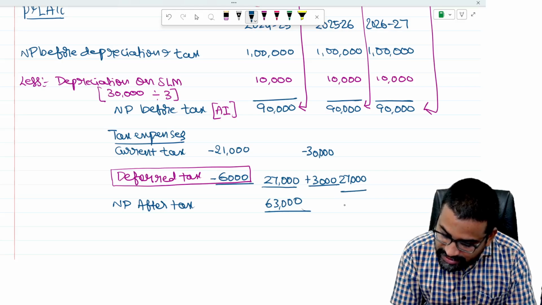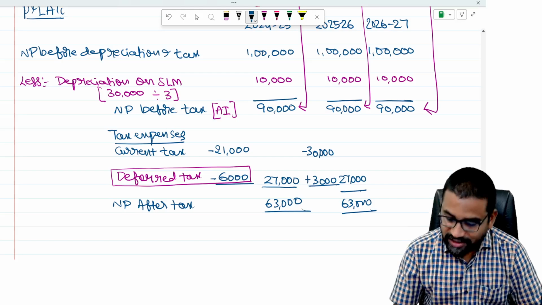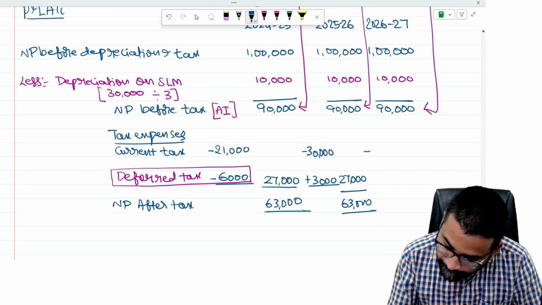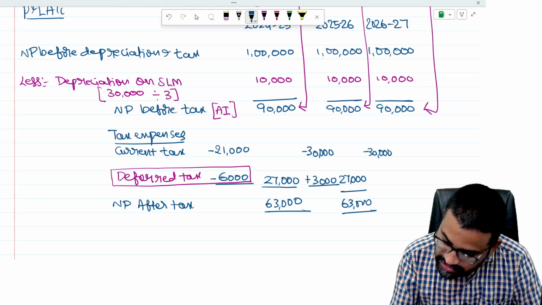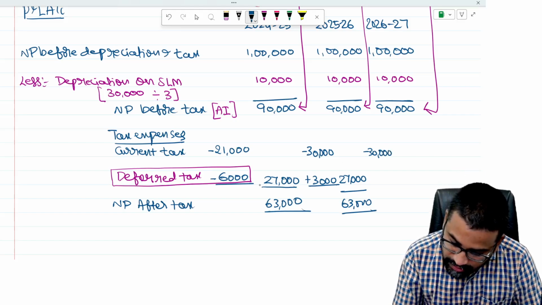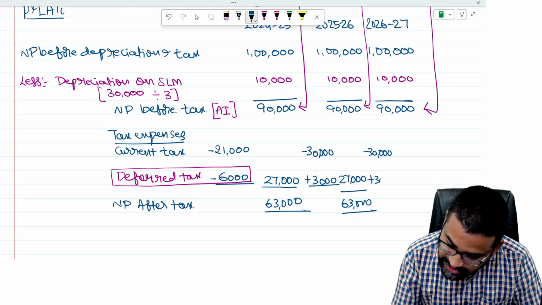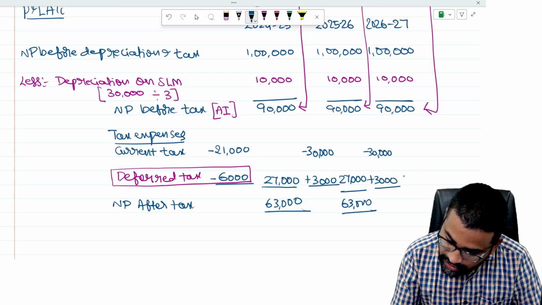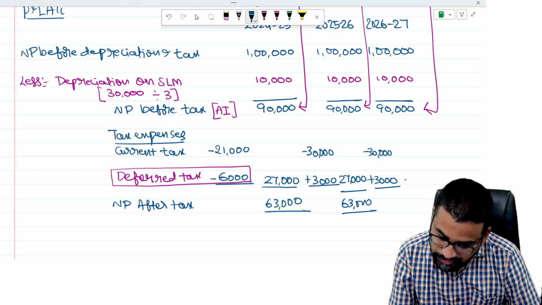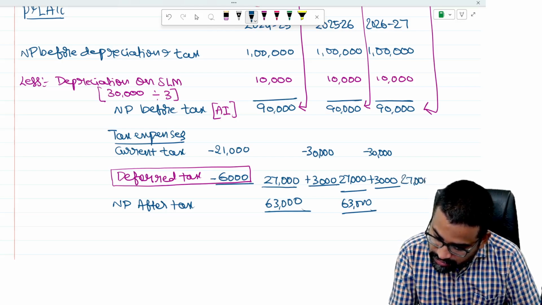Now it is matching, you see. 90,000, 27,000. Third year, the same 30,000 tax liability, and the third year also 10,000 reverses. So it will be 27,000.